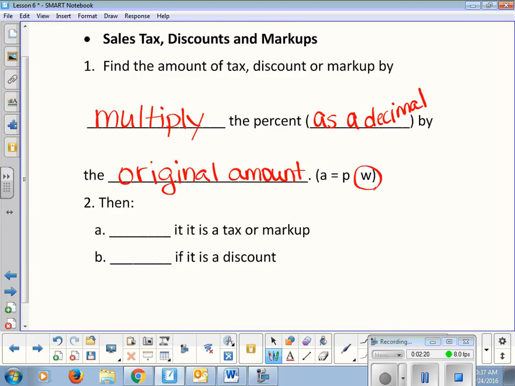Your original amount is going to be your whole in the A equals P times W formula. If you have a sales tax, tip, or markup, you add that to your total. If you have a discount, that's money you are saving, so you subtract that from your total.